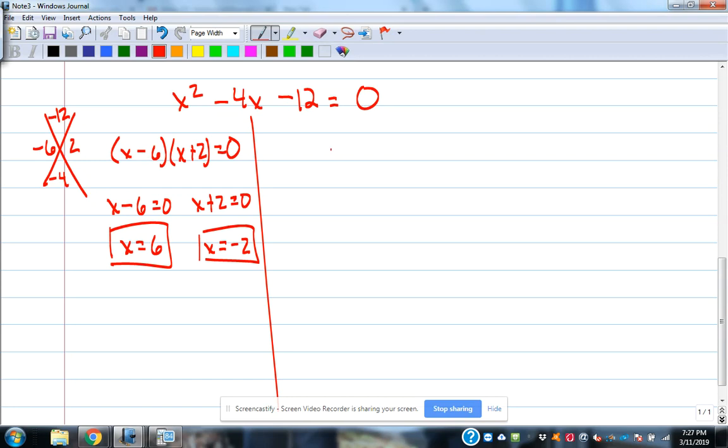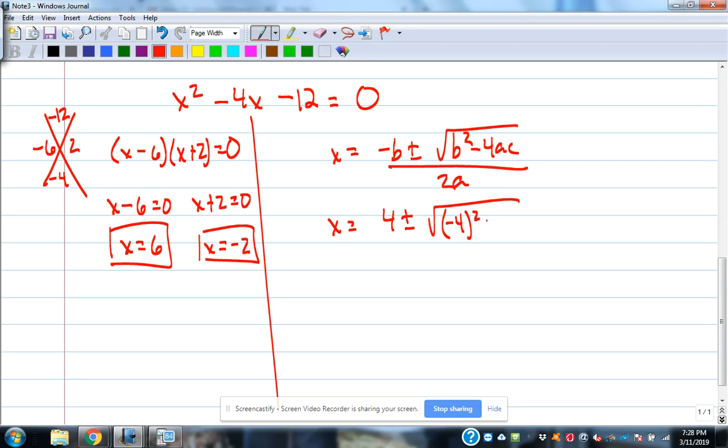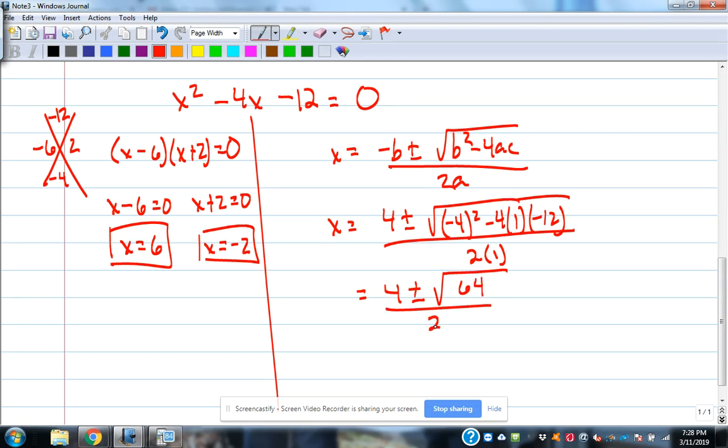If we did the quadratic formula, x equals negative b plus or minus the radical of b squared minus 4ac, divided by 2a. If we did that, it's the same result. Positive 4 plus or minus the square root of negative 4 squared minus 4 times 1 times negative 12, over 2 times 1. 4 plus or minus 16 plus 48. 16 and 48 would be 64. 2 times 1 is 2.